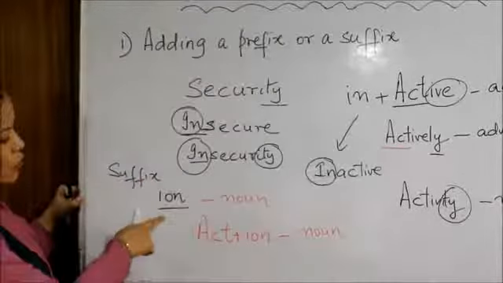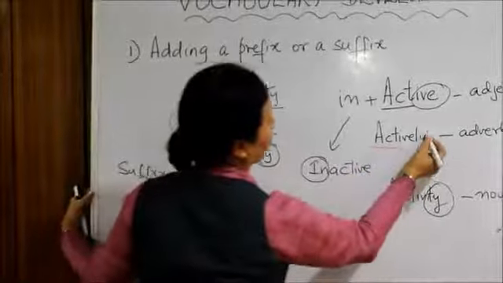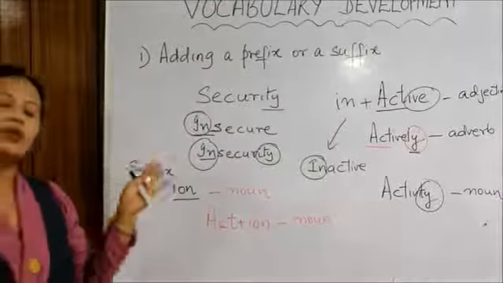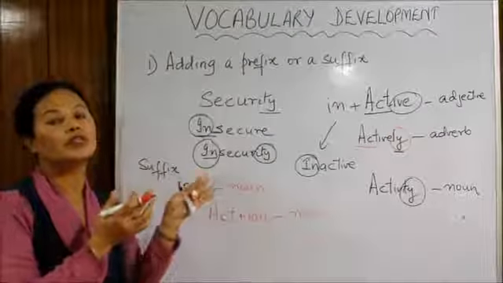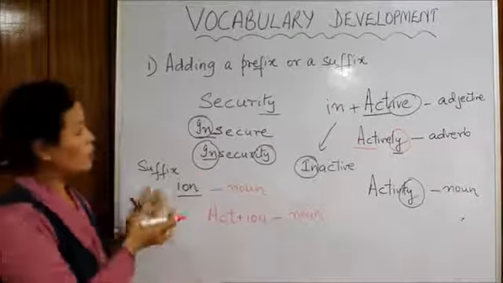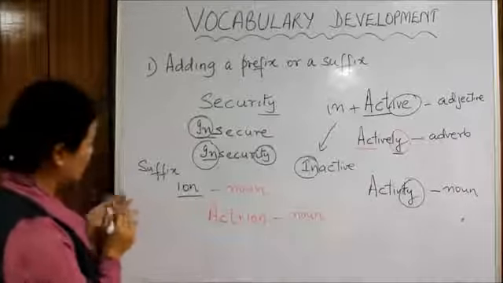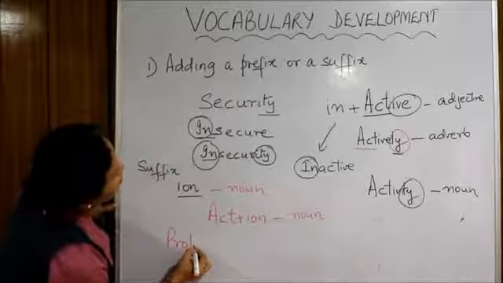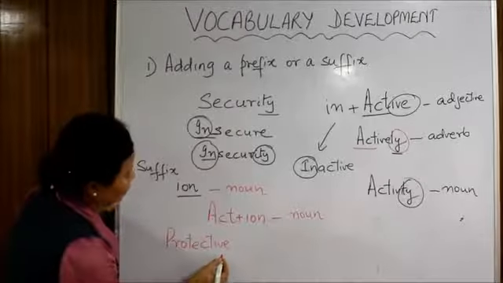So this is one way, and then you have to remember the suffix ly, which usually converts a word into its adverb form. So this is one way of looking at it. Then let's take another example: protect, protective.